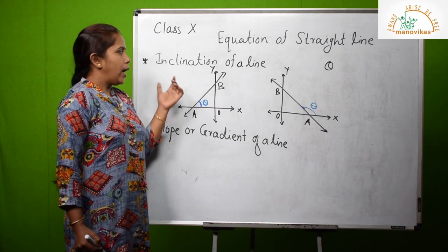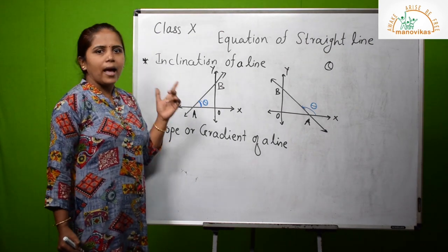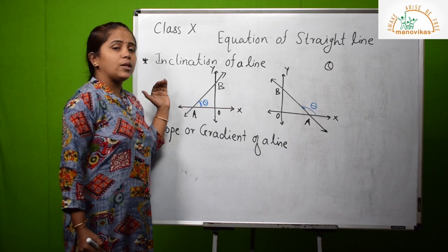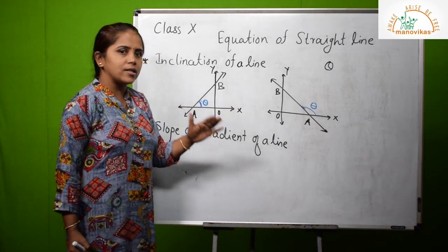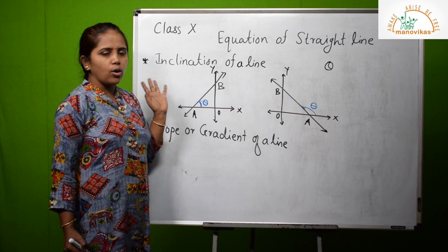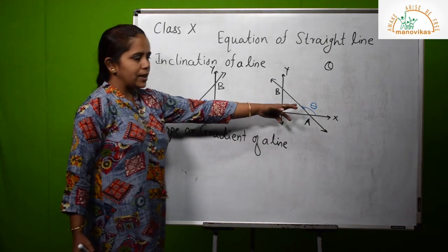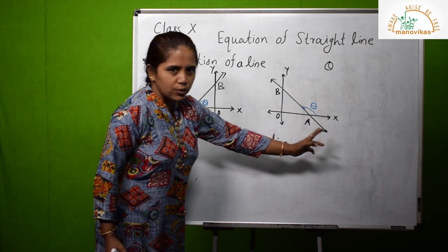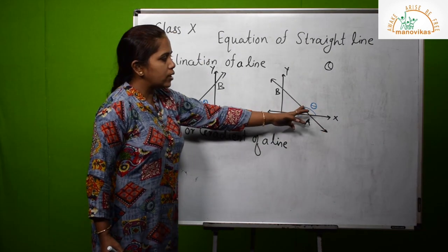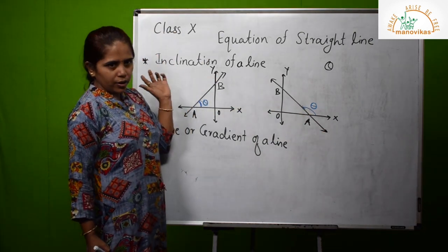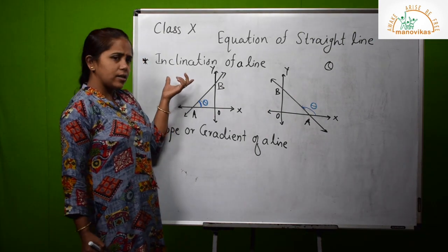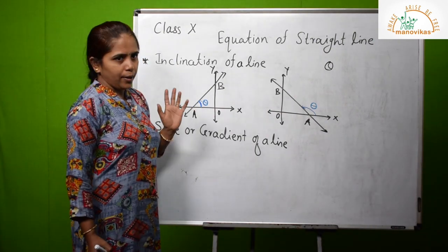So in short, inclination of a line is the angle made by the line with the positive direction of the x-axis measured in anti-clockwise direction. Understood? So here AB makes angle theta with the positive direction of the x-axis. So theta is the angle of inclination, or simply we can say the inclination of a line.